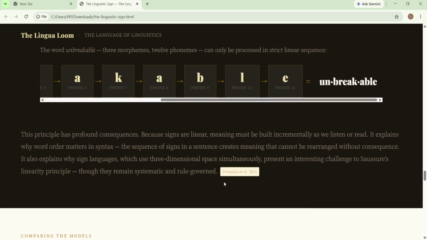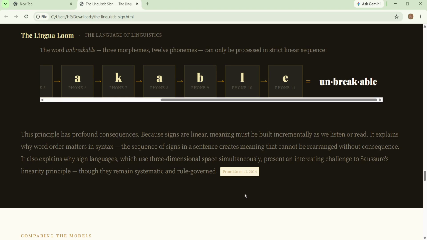This principle has profound consequences because signs are linear, meaning they must be built as we listen or read. It explains why word order matters in syntax. The sequence of signs in a sentence carries meaning that cannot be rearranged without consequences.